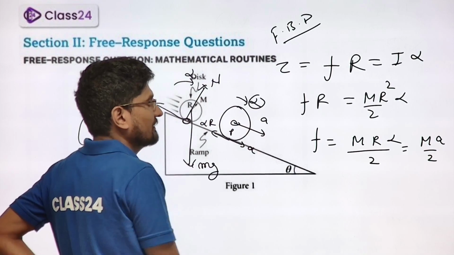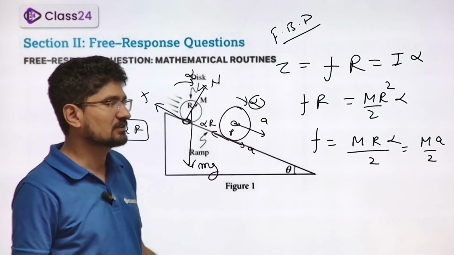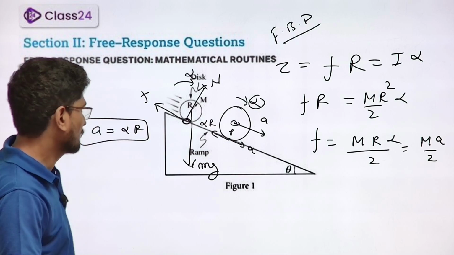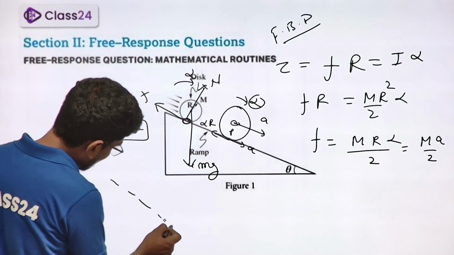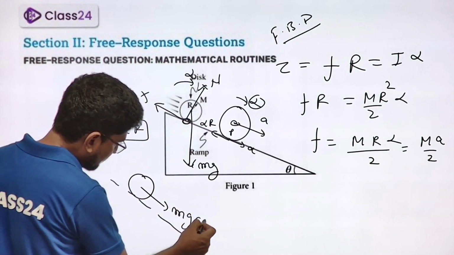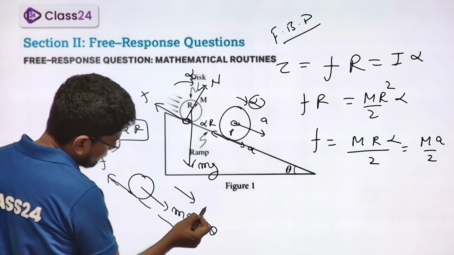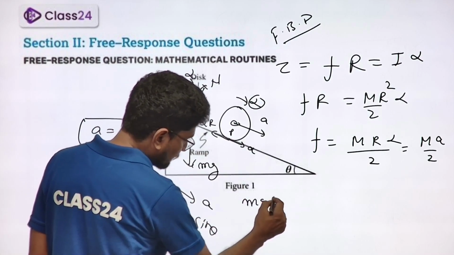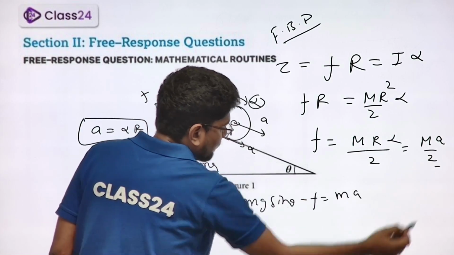In the torque equation, we have two unknowns, the friction force and the acceleration of the center of the disk, so we need one more equation. We will find it with the help of Newton's second law. Applying Newton's second law on this disk, there is a component of gravitational force in this direction, mg sine theta, and the friction force F in the opposite direction, and the net translation acceleration is A. According to Newton's second law, mg sine theta minus friction force equals ma, and we have F equal to ma by 2.